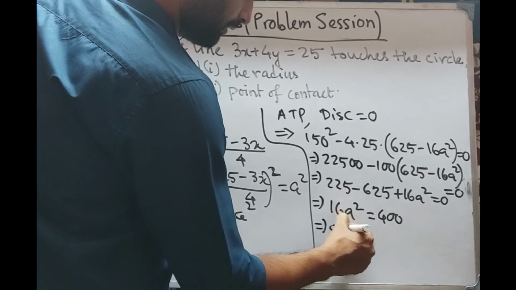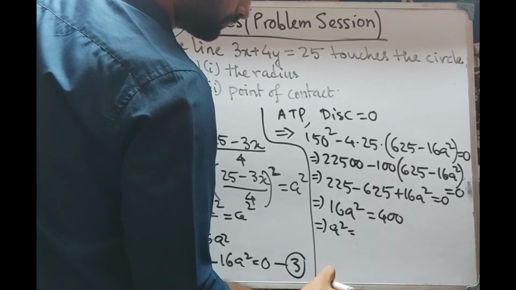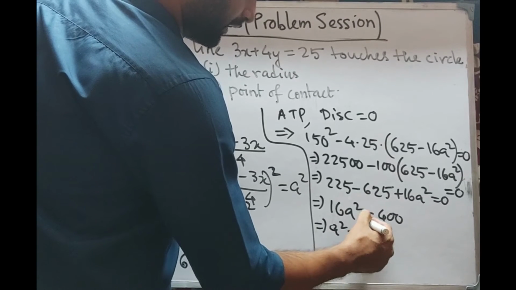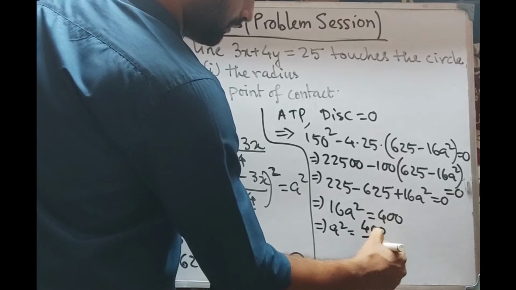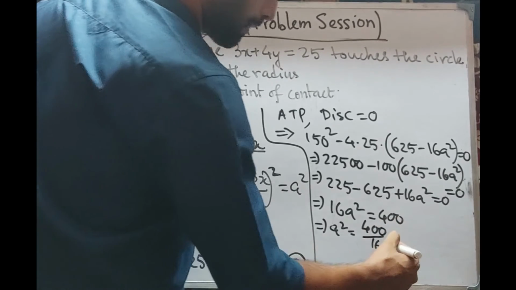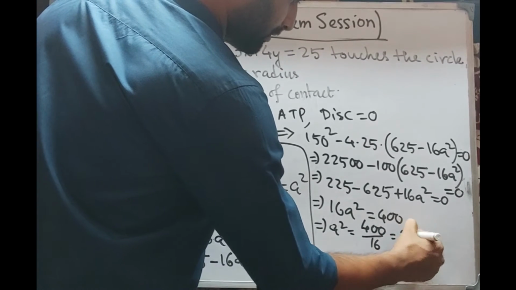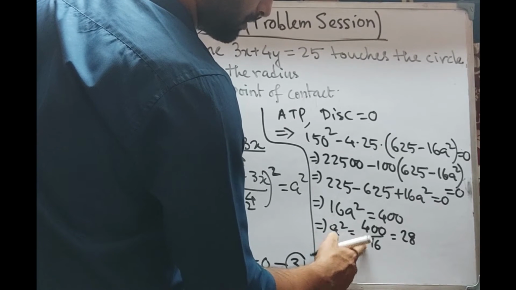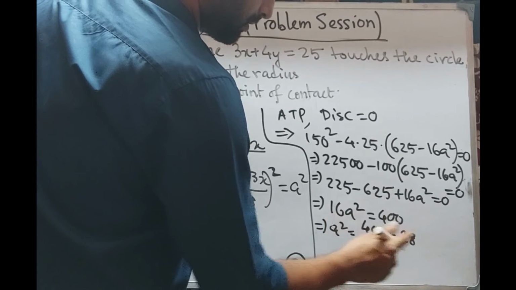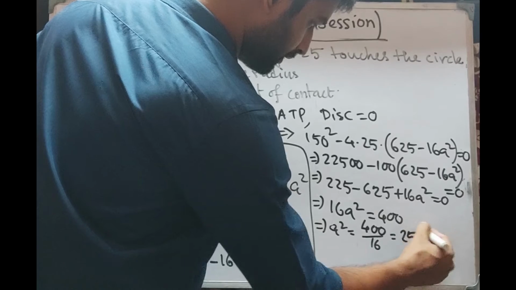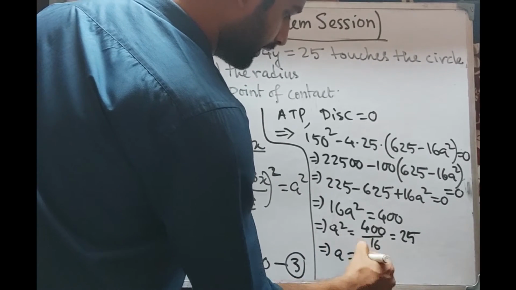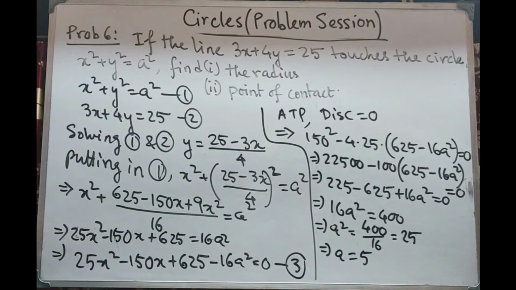That means a square will be 400 by 16, and it is 25. So clearly a is a radius, so it cannot be negative, so a must be 5.